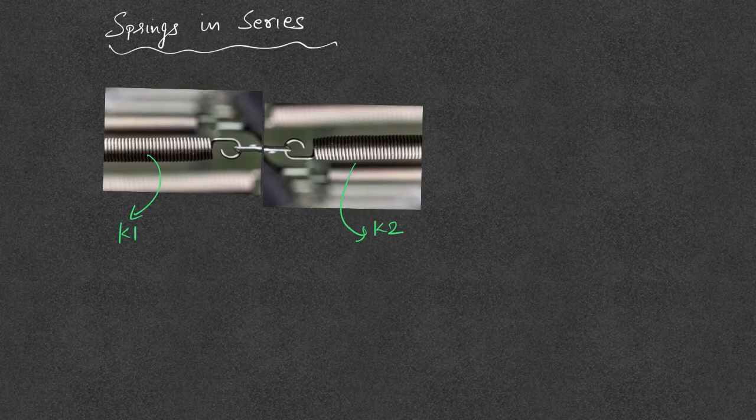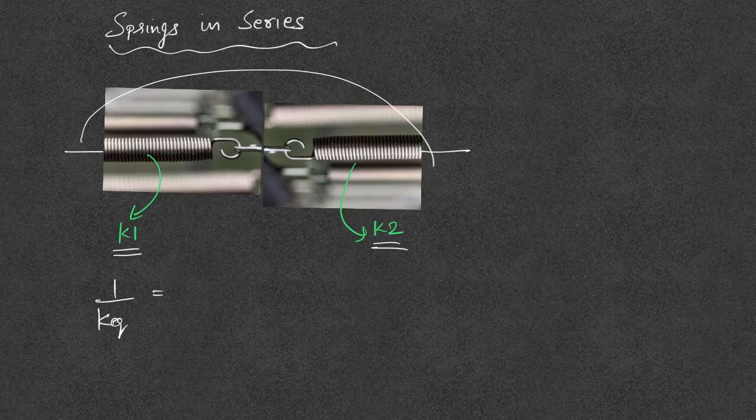So let's try to understand what happens when springs are connected in series. What you see over here are two springs. The first spring has a spring constant of K1, and this is connected in series with another spring where the spring constant is K2. Now we need to find out the equivalent elastic constant of this whole setup. The formula is very simple: 1 upon K equivalent equals 1 upon K1 plus 1 upon K2.